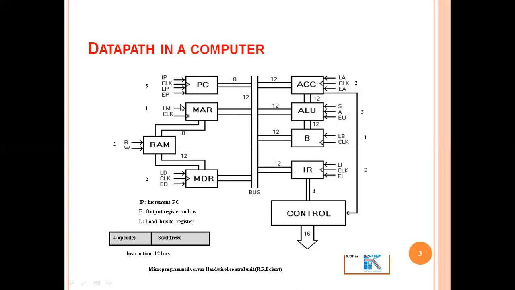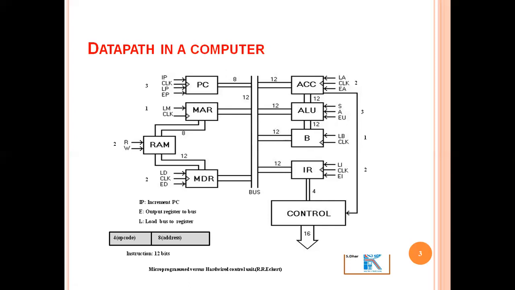If I activate these two signals, data will automatically come from PC to MAR. Clear? Similarly, if I activate EI and LP, data will automatically come from IR to PC. So these are called the data paths. Using on and off of the different signals, we can transfer the data from one component to another component.